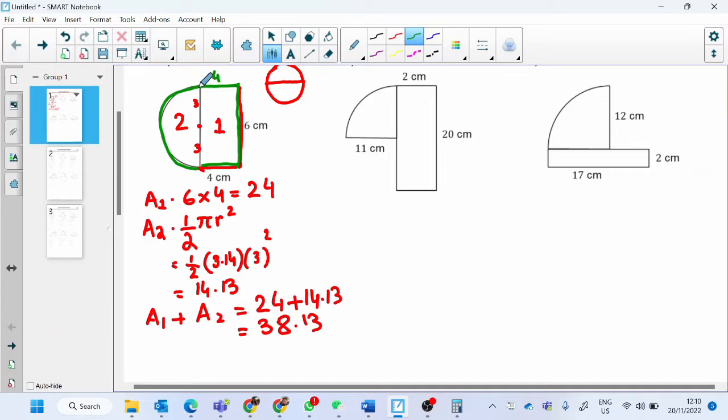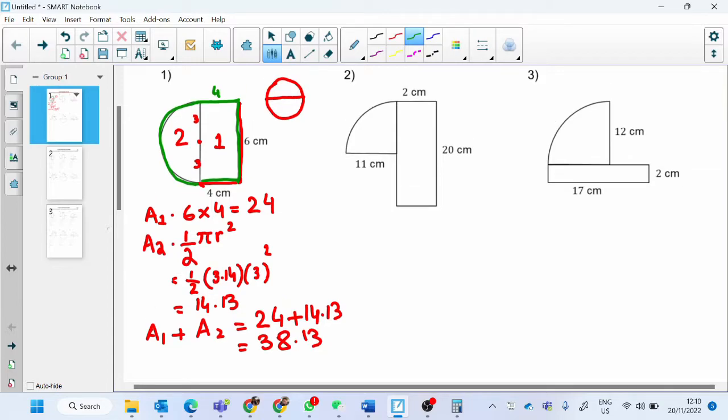For the arc, we know the circumference of a whole circle is pi times d, where d is the diameter. Since this is not a whole circle but a half circle, we will just divide it by 2.